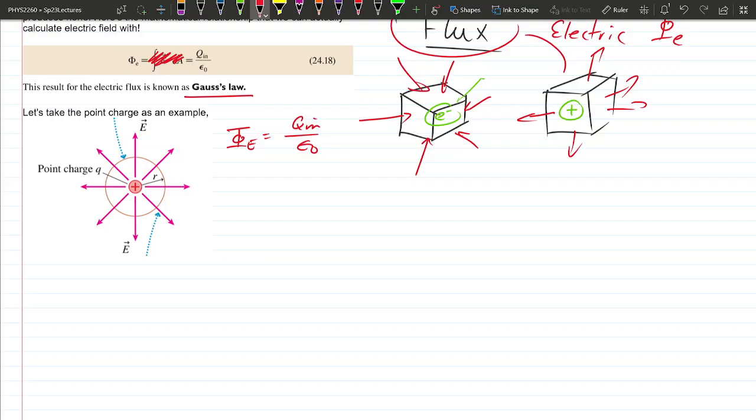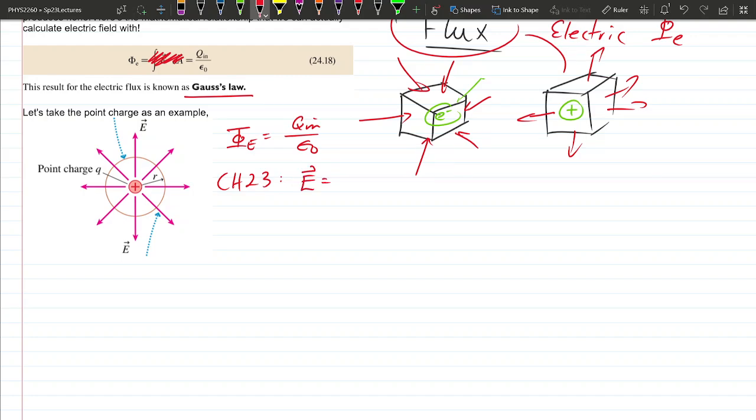This simple equation is hiding a lot of stuff, but let's do this simple example. Let's say I have some point charge, lowercase q, and I want to figure out the electric field at a radius r around it. Actually, from chapter 23, we know the answer. We're just going to double check it.